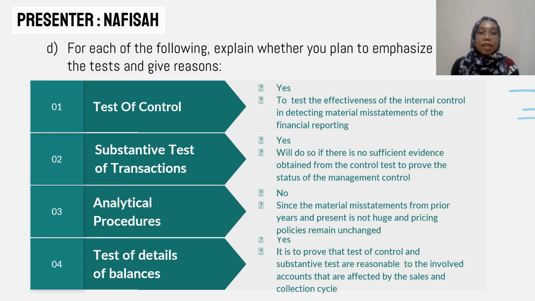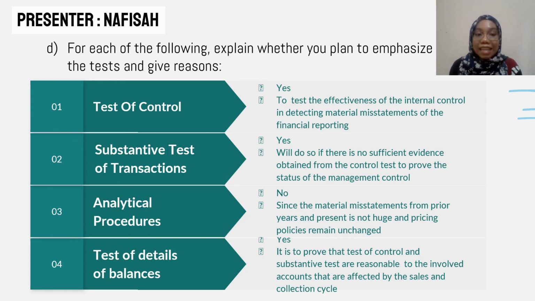Okay, the second test is the substantive test of transactions. For this test, we think yes, it should be emphasized, because if we do not get enough evidence from the previous tests, which is the control test, this substantive test is important to prove or to strengthen the status of the management control, and also to have additional evidence.